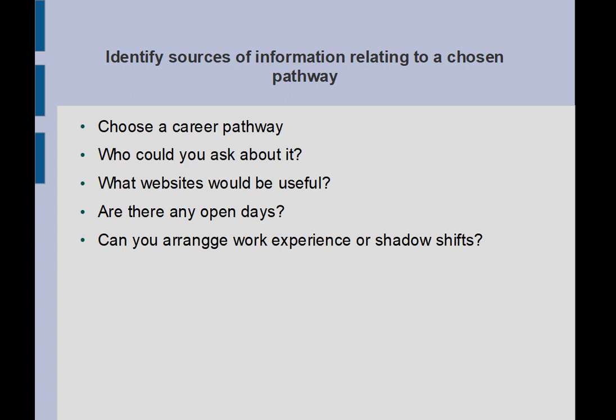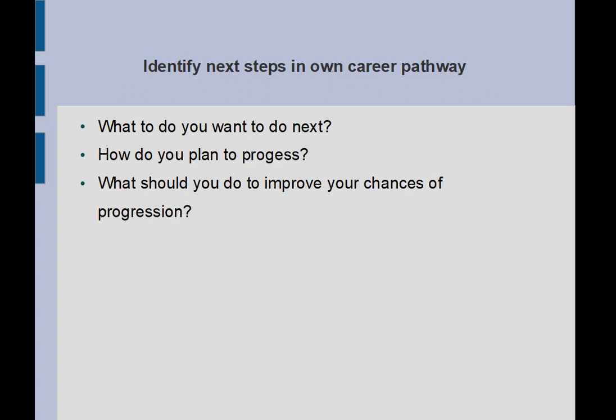Okay, so can you arrange any work experience or shadow shifts, and then you could see what people are doing on the job and what you would need to get to that level. Right, so you need to identify the next steps in your own career pathway. What do you want to do next? Pick one or two.